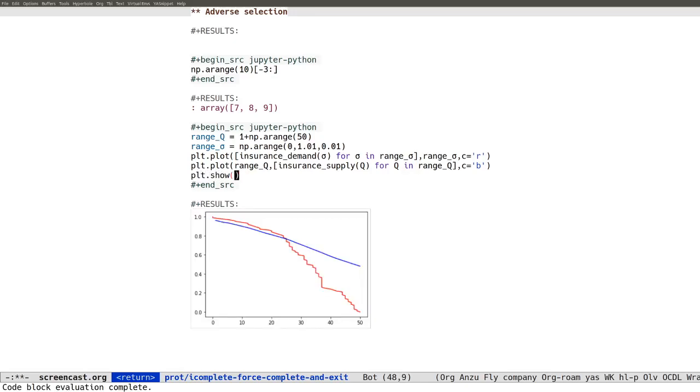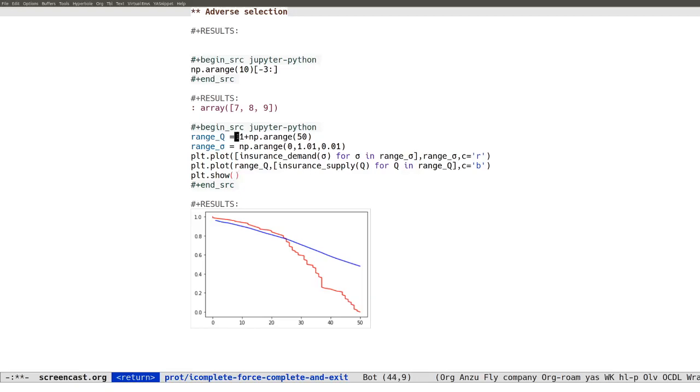And here we have our insurance demand and insurance supply. The first interesting observation is that insurance supply is downward sloping. Insurance supply is this blue line, and it's downward sloping, which is a bit surprising because usually supply is upward sloping and demand is downward sloping, but here both these curves are downward sloping.